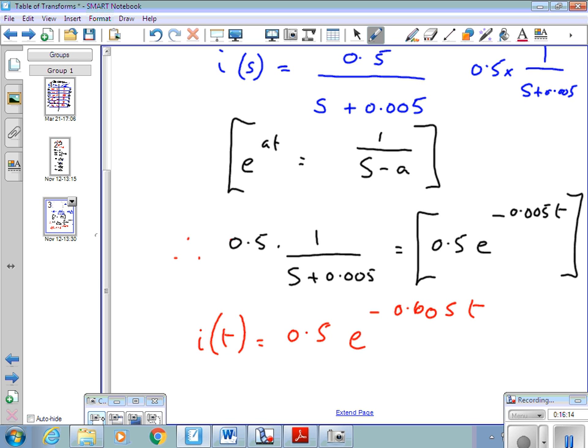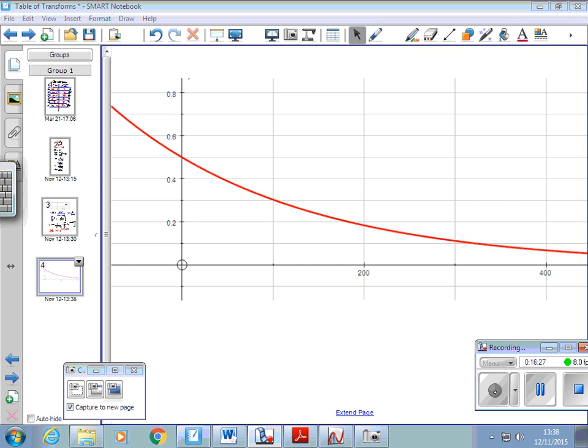I can plot that on autograph. Y equals 0.5 e to the minus 0.005 t. Let's do that. And we get this. That is our prediction, our model for what's going to happen in this circuit when I turn on the supply, that step voltage.